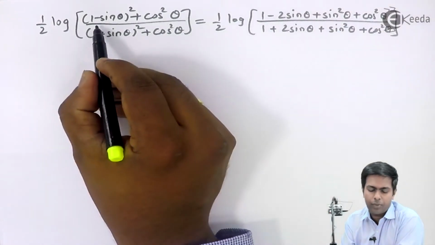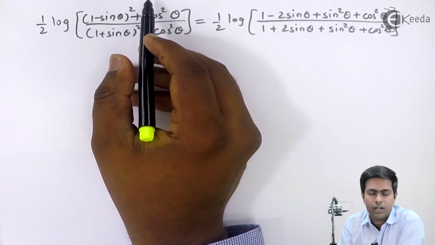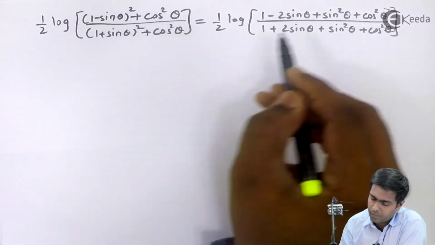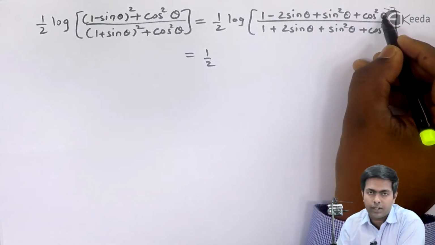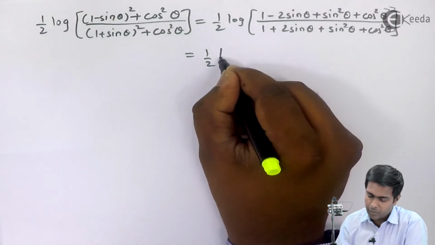So I am applying the formula of a minus b the whole square and a plus b the whole square. So this will become sin square theta plus cos square theta, 1. This 1 and 1 will give me 2.